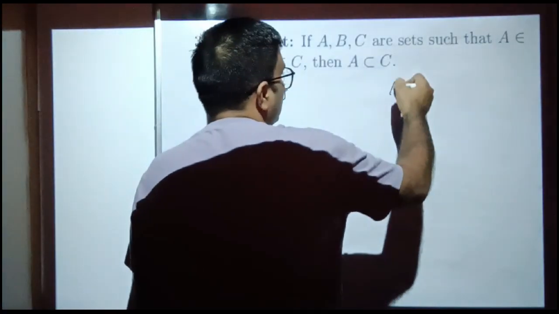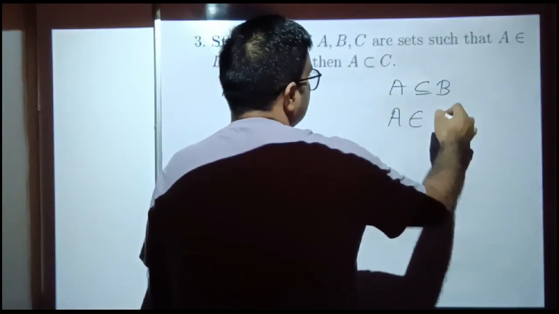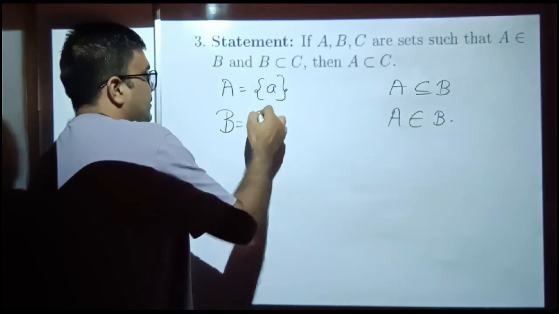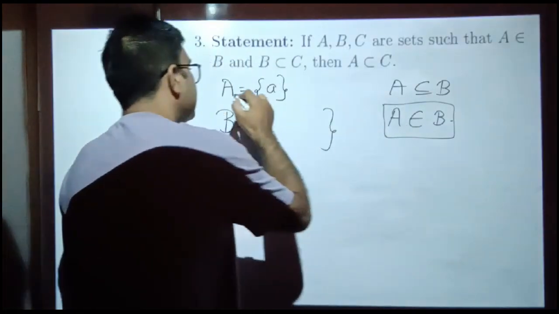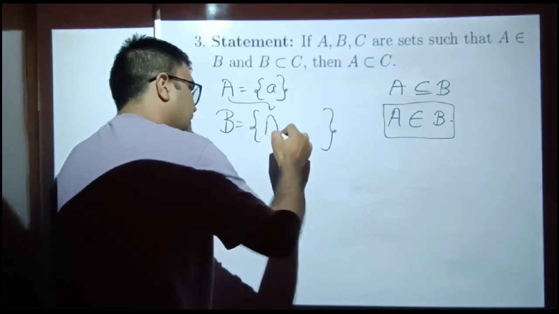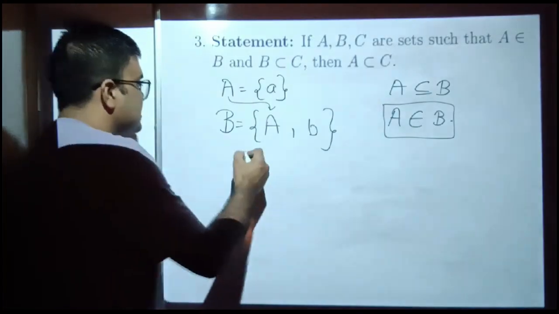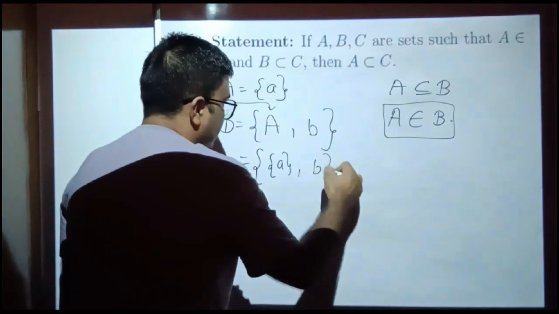We are talking about two things. One is A is a subset of B, and one we are saying A belongs to B. We are talking about the set B and it is given that A belongs to B. It means that we have A over here and some other element can be there. It means this set looks like the set A comma B.